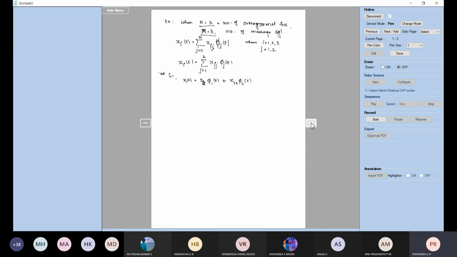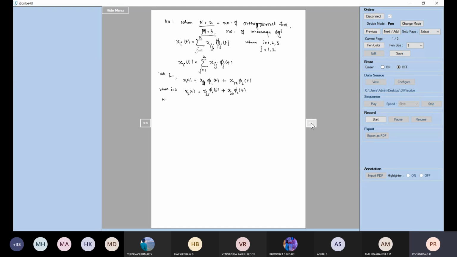Is it clear, students? When i is equal to 2, x2 of t is x21 into phi 1 of t plus x22 into phi 2 of t.